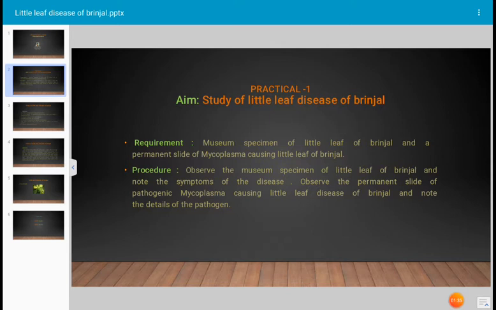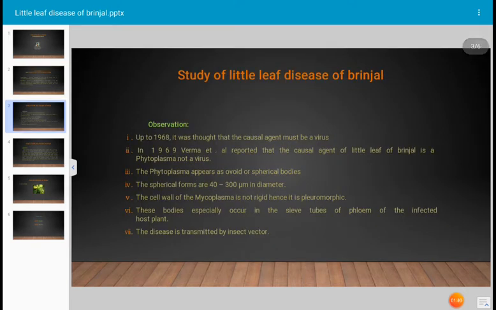Because the pathogenic organism is a mycoplasma, it needs a well established laboratory for isolation, and in your practical there are no instructions given about the isolation of mycoplasma. We just have to observe the permanent slide of mycoplasma, and collect the diseased material from the field, or see the museum specimen which is available, and write all details.